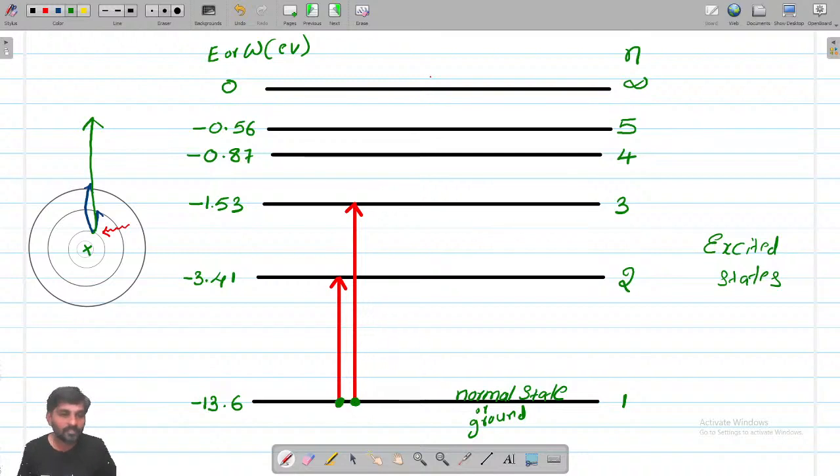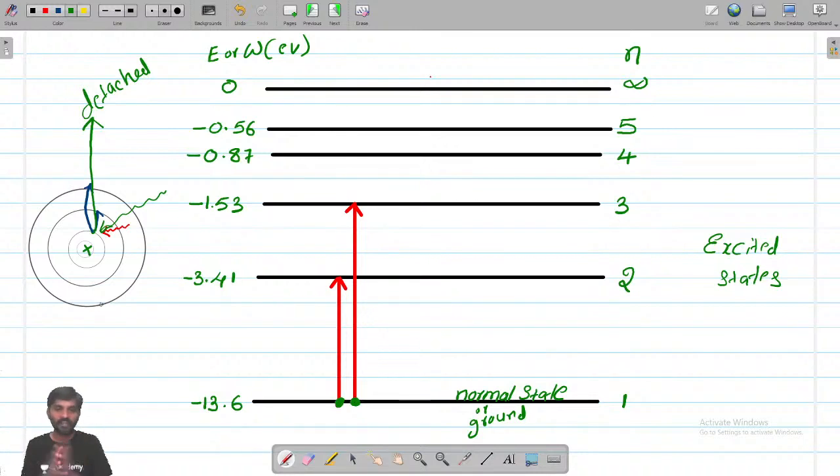It means there is no force of attraction between the nucleus and the electron when it gets some external energy, and this is called detached. So it will move from state 1 to the second, third, fourth or fifth state.